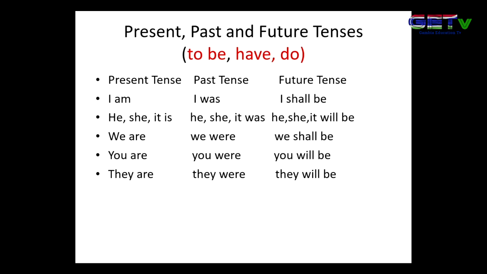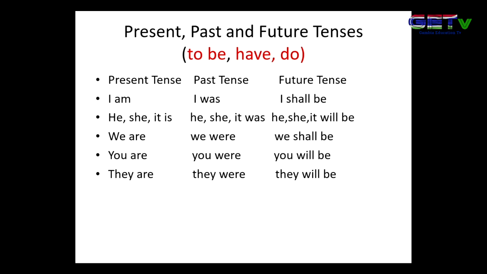The verb to be: we said that this group, is, was, were, are, is the verb to be. We also have the verb to have, and the verb to do something.